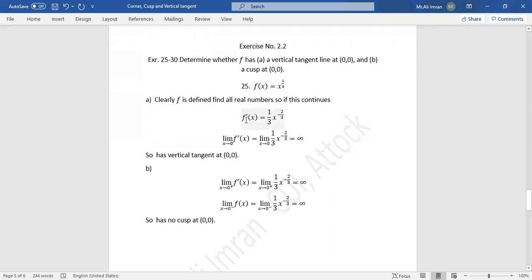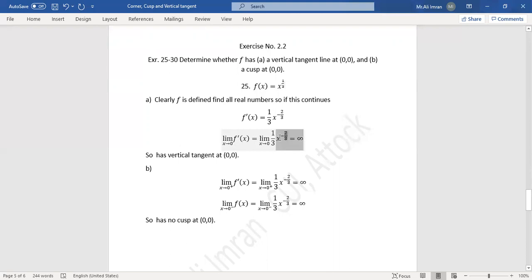The derivative is f'(x) = 1/3 x^(-2/3). Now we have to check the vertical tangent at x equal to 0, so we take the limit as x approaches 0 of f'(x). If we put in the value of the limit, we will get plus infinity.